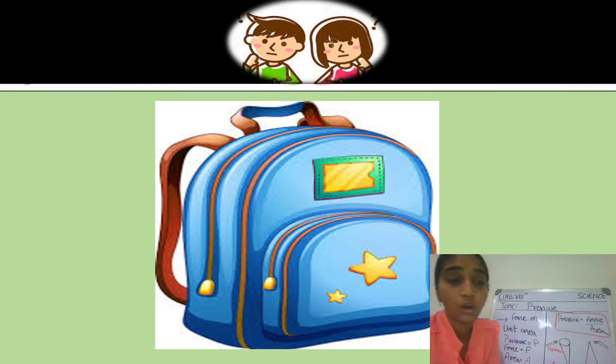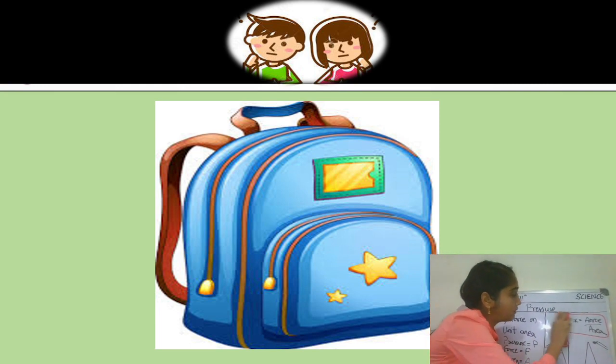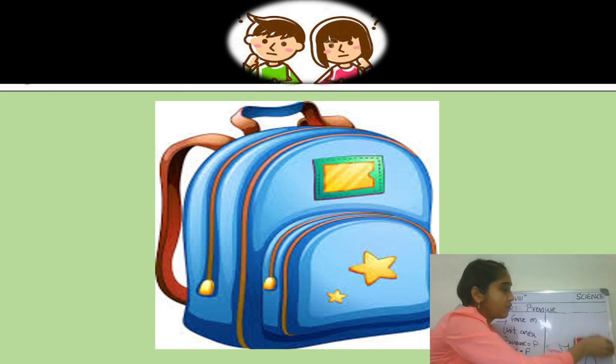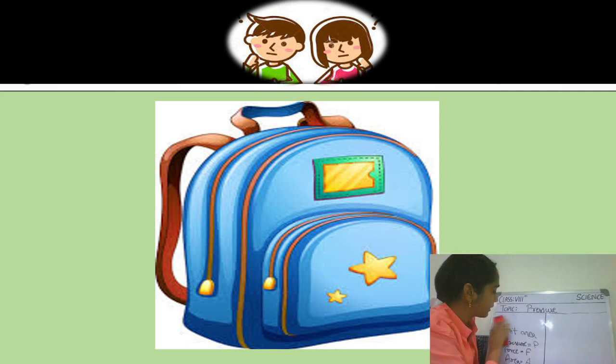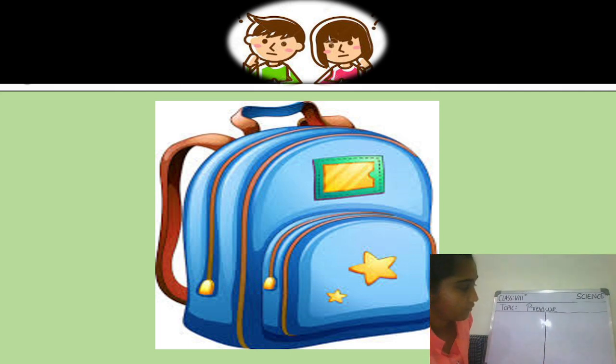Now students, it's your time to think and answer, okay? Something you have to elaborate upon. First of all, what do you see? Yes, you must be seeing that there is a school bag, right? Very good.